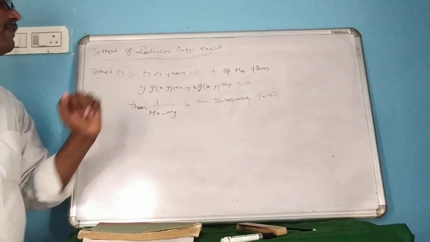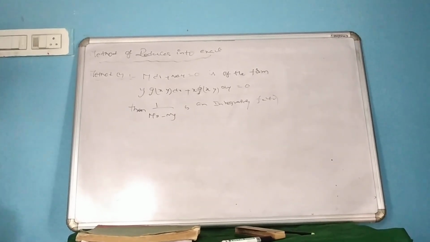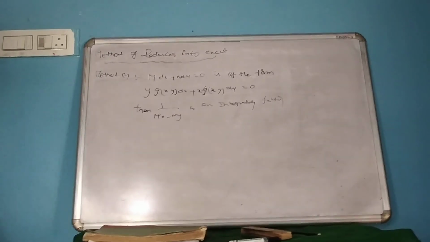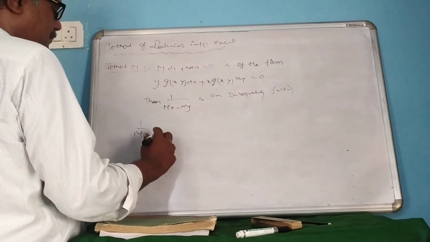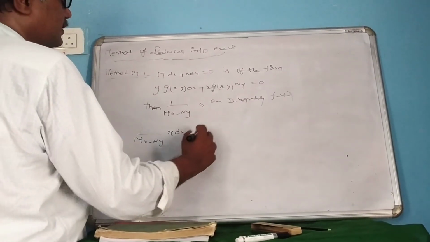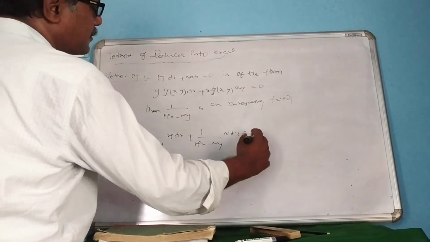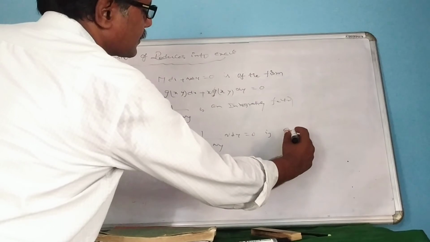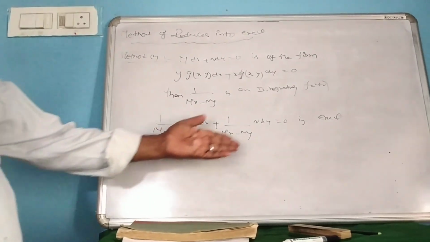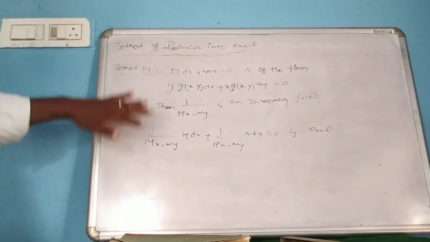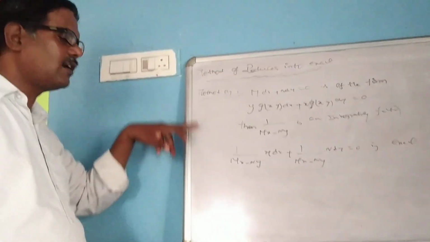Then 1 by Mx minus Ny is an integrating factor. Multiplying with this, 1 by Mx minus Ny, M dx plus 1 by Mx minus Ny, N dy is equal to 0 is exact. Its solution is treating y as constant and terms not containing x. This is usual. There are two methods also in this method.